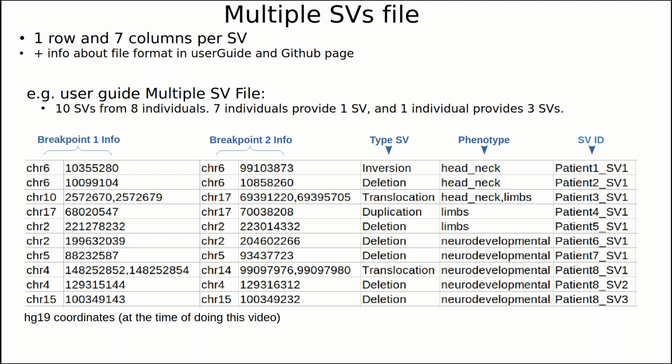In addition, we can see that even though most of the structural variants are associated with only one phenotype, such as head, neck, or craniofacial alterations or limb anomalies, we have one patient, patient 3, whose structural variant is associated with 2 different phenotypes, head, neck, and limbs, because this patient presents both craniofacial and limb anomalies. Okay, now let's download this file and analyze it with POSTRE.